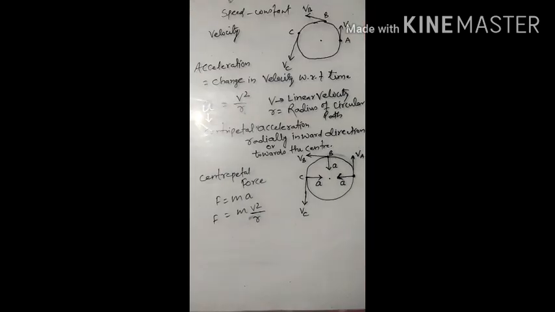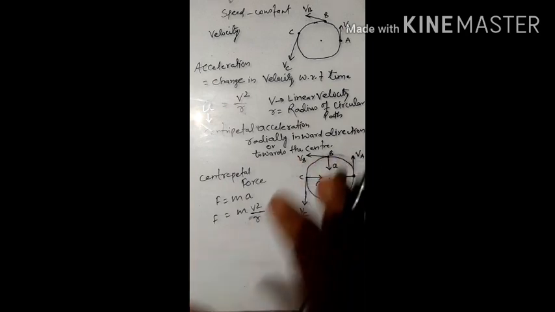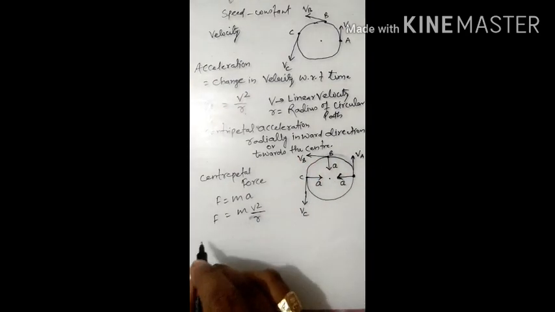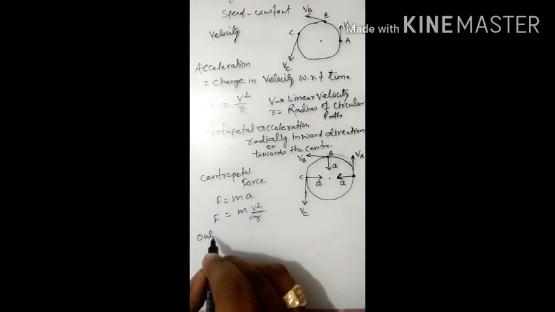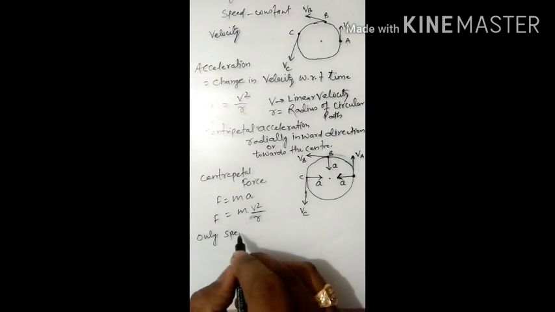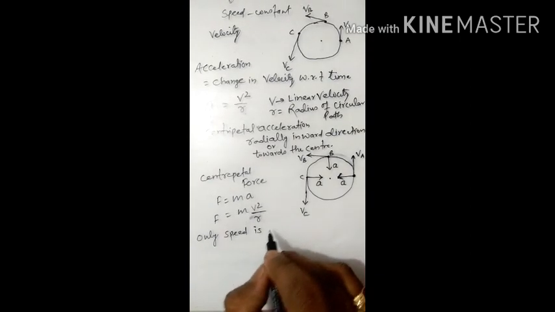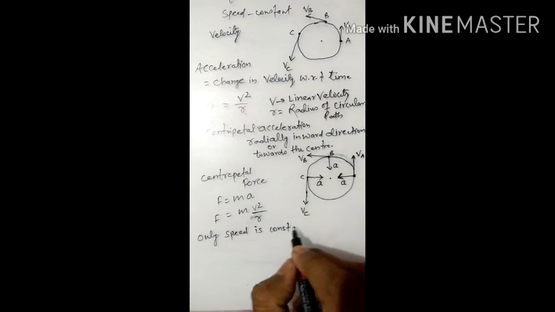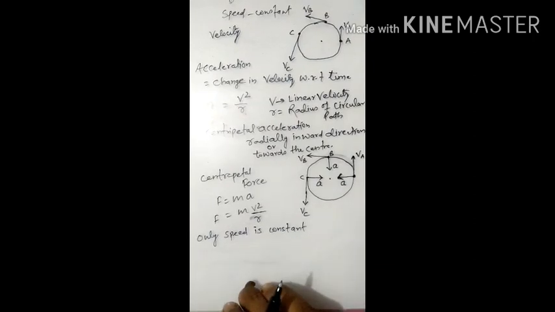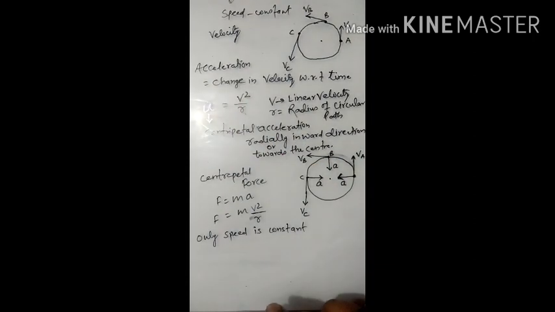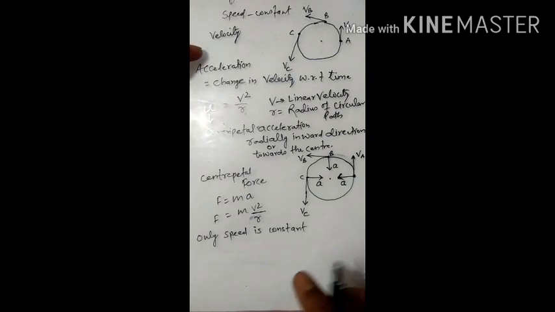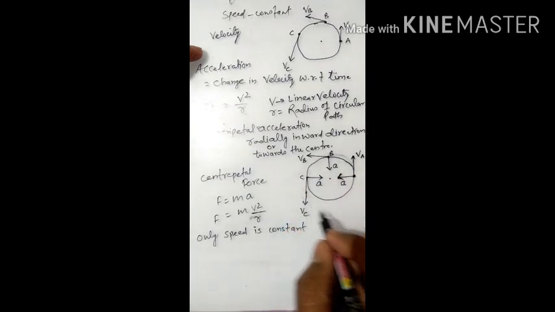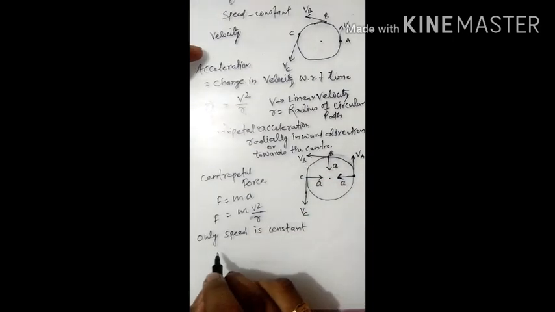that is, in the radially inward direction. Now we can say that in uniform circular motion, only the speed is constant and the magnitude of velocity is constant, but the direction of velocity continuously changes.